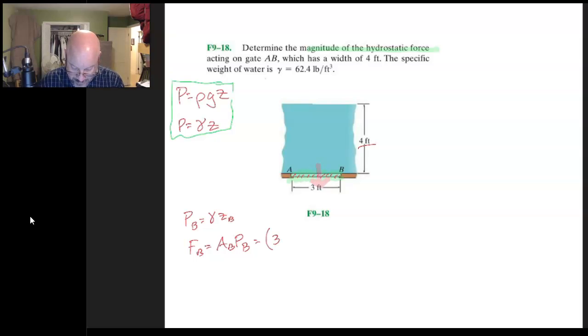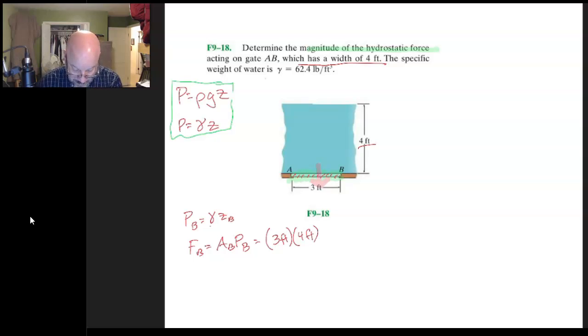It tells us it's 3 feet wide, and then up here, see where it says it has a width of 4 feet. What's hard to see is that it goes into the page, into your screen. So it's 3 feet this way and 4 feet coming into your screen. So our area is going to turn out to be 3 feet by 4 feet.